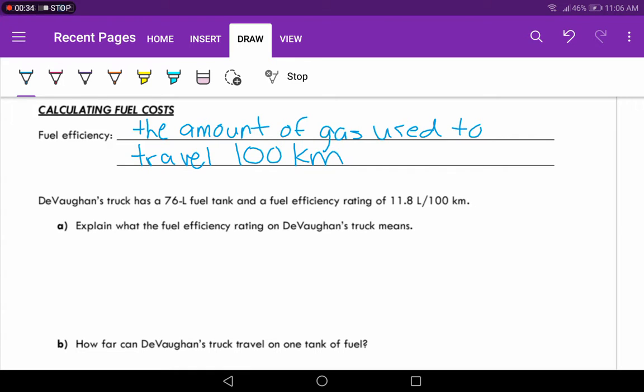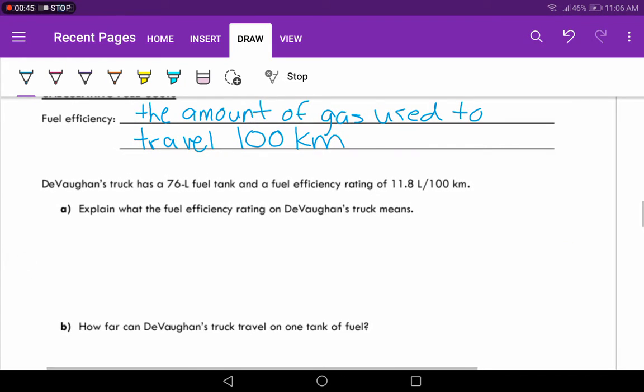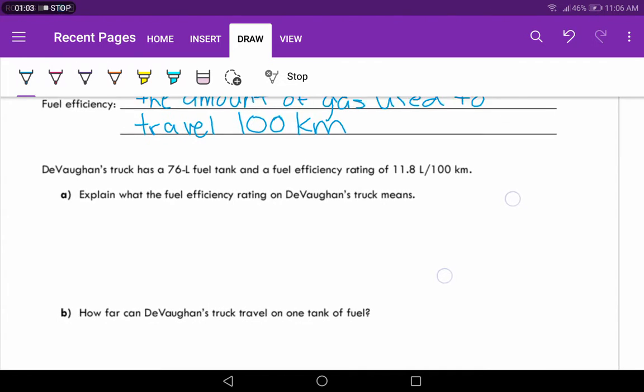Okay, and you could see some different definitions of this depending on the context, but this is the definition we're going to use for the sake of these next examples. So basically, like I said, it's just the amount of gas used to travel 100 kilometers. So larger vehicles like trucks have a lower fuel efficiency, they're less fuel efficient, whereas a small car is going to be more fuel efficient.